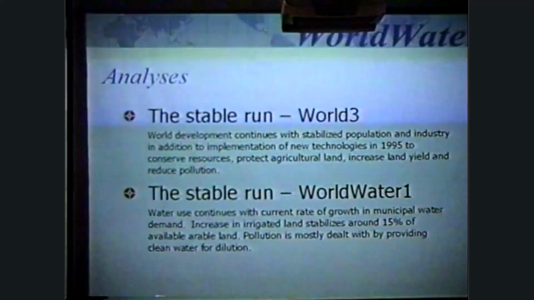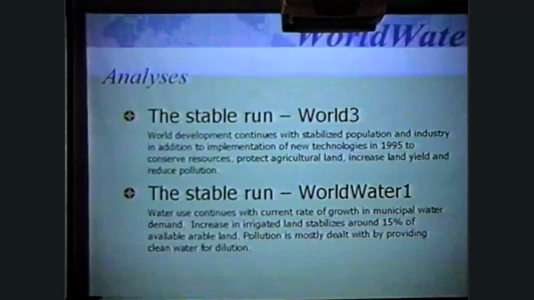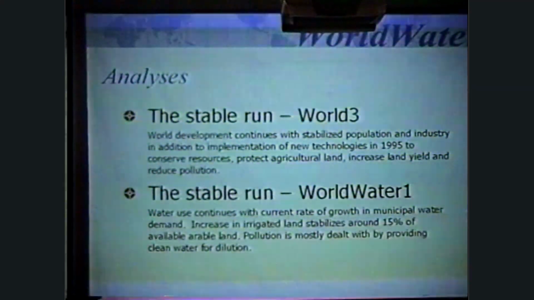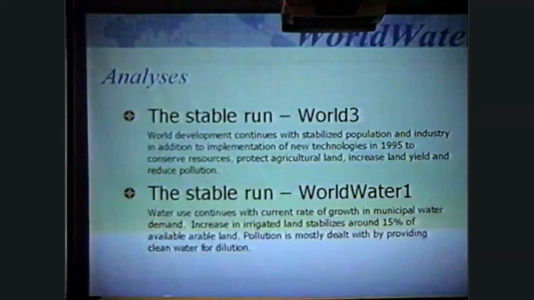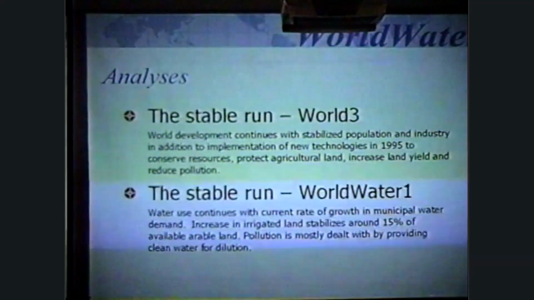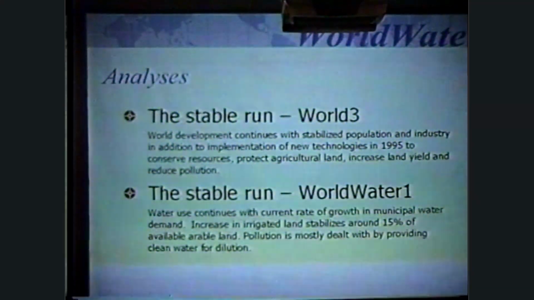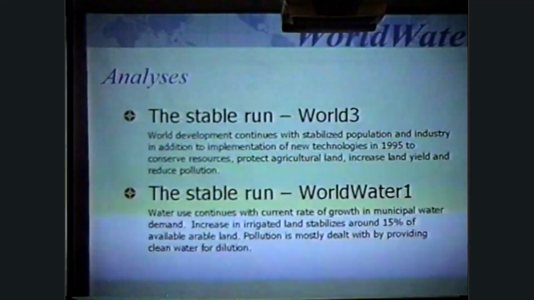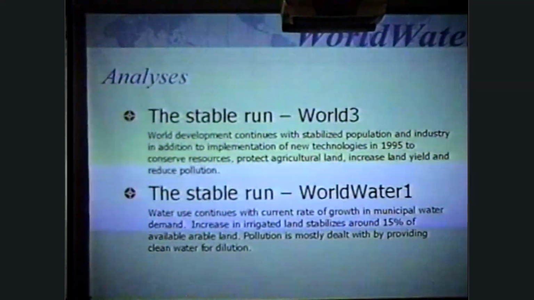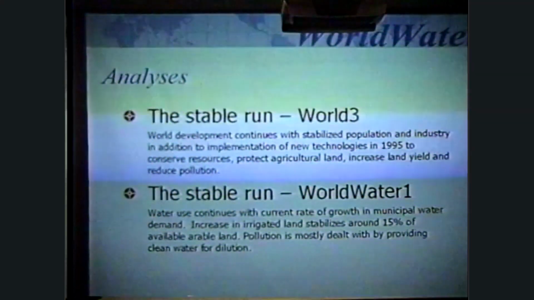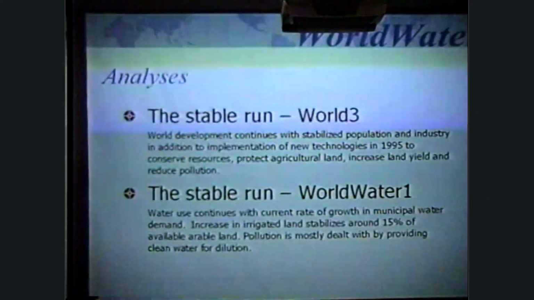The World Three model was run with 14 different scenarios. They are published in the book Beyond the Limits. And these 14 different scenarios are projections of the possible development of the world being affected by acceptance and introduction of different policies.